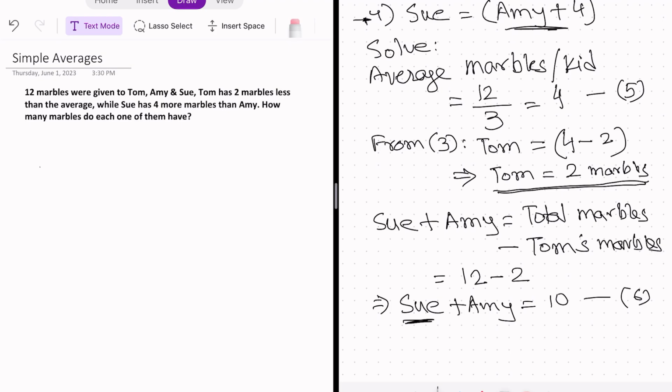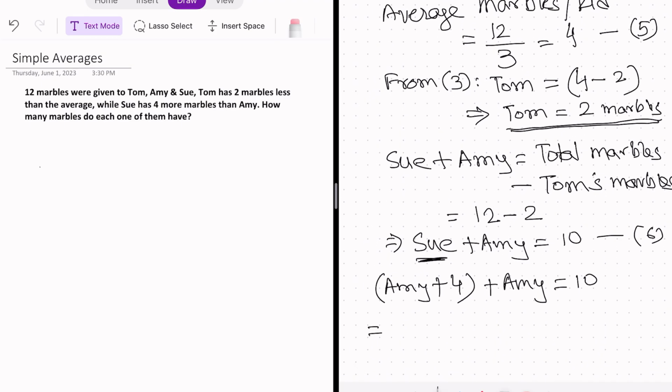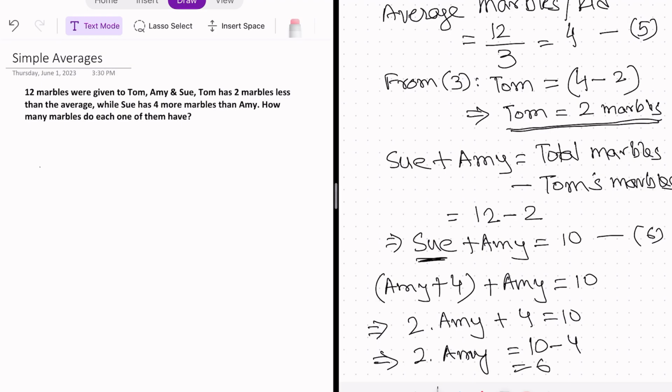So I can say Amy plus 4 plus Amy is equal to 10, or twice the number of Amy's marbles plus 4 is equal to 10, or twice the number of Amy's marbles is equal to 10 minus 4 equal to 6.